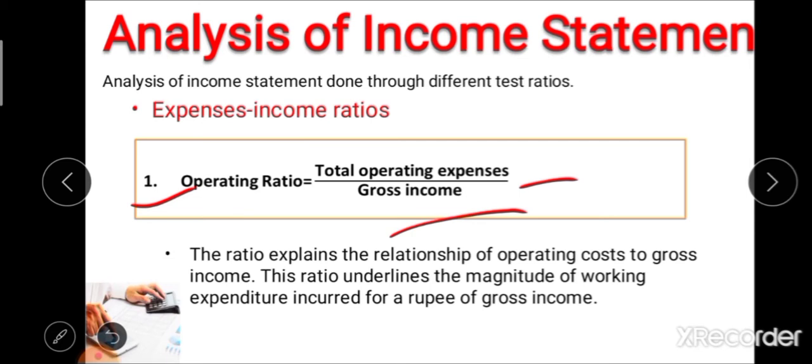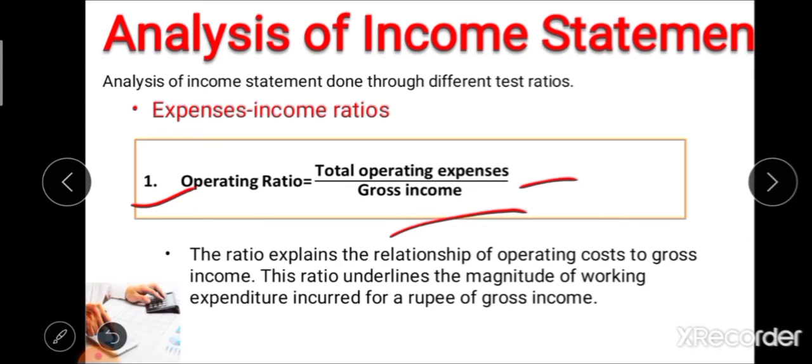If this operating ratio is less than 1, then it indicates profitable running of the farm business.